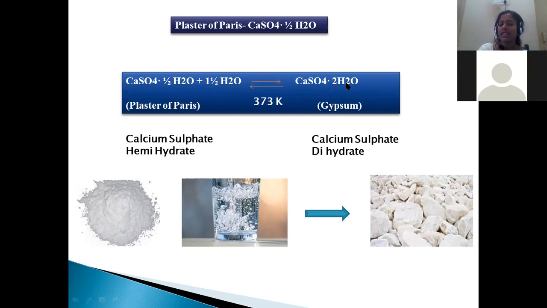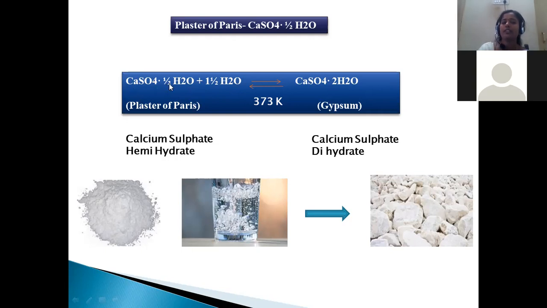Taking gypsum as the starting material, gypsum is composed of calcium sulfate with two waters, that is, calcium sulfate dihydrate. When this gypsum is heated at 373 degrees centigrade, it turns into calcium sulfate hemihydrate, liberating 1 and a half molecules of water.